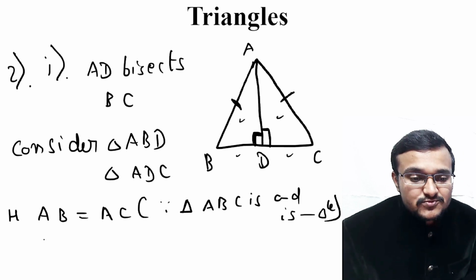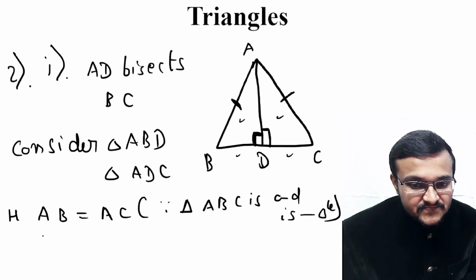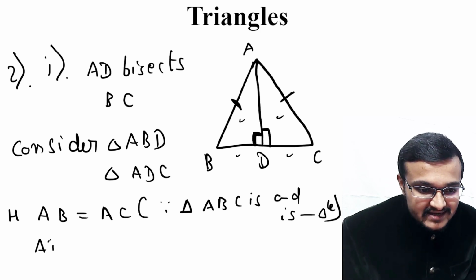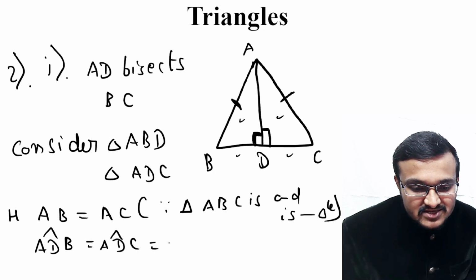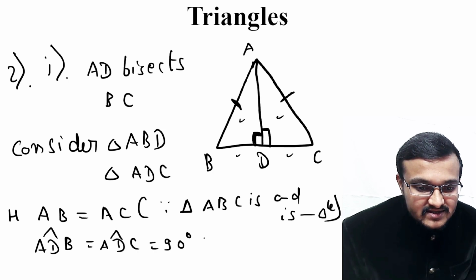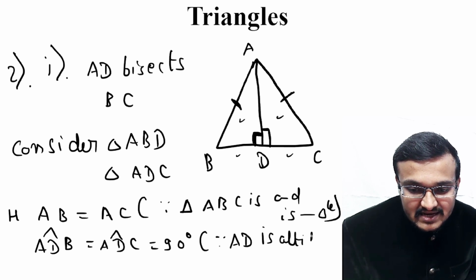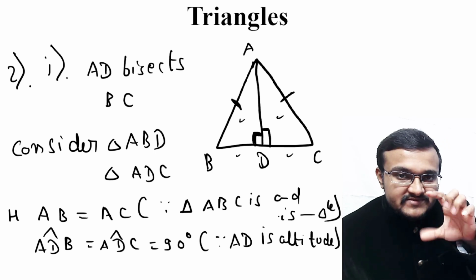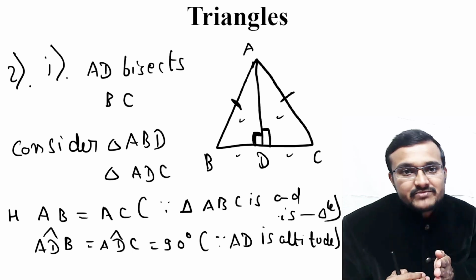Now we will try to prove that one side is equal to the other. We know that angle ADB is equal to angle ADC, which is equal to 90 degrees, since AD is an altitude. An altitude is the height of the triangle, so a perpendicular line is drawn from A to BC.